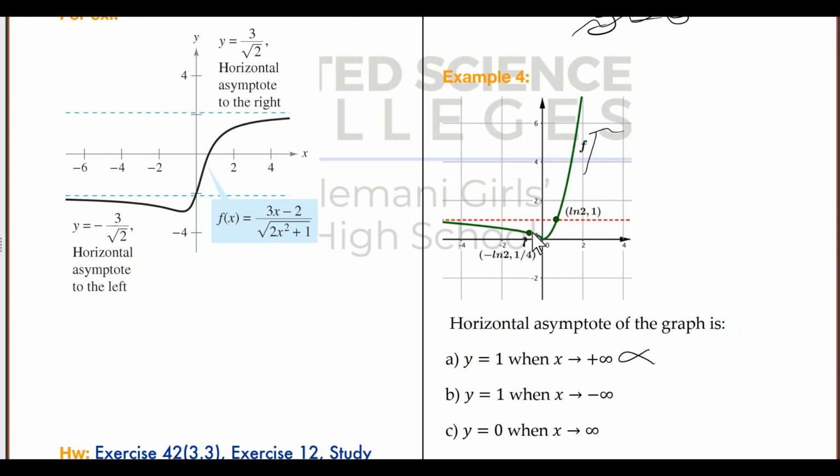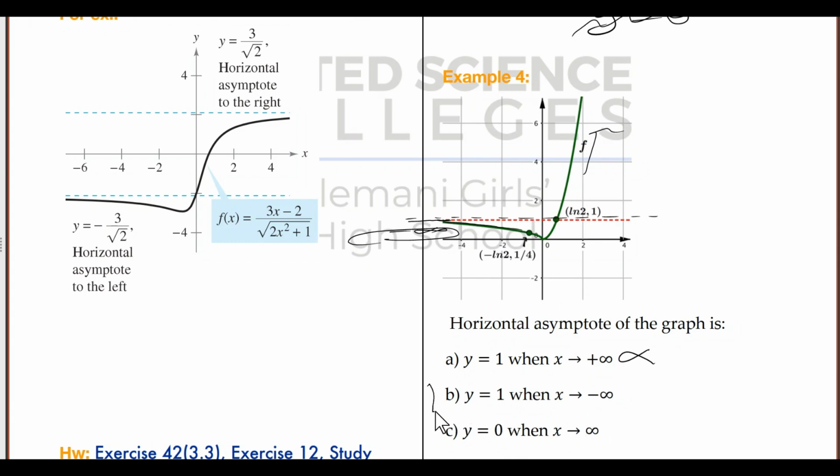The graph on the left is approaching this horizontal line when x is approaching negative infinity. So be careful. This part is not heading towards positive or negative infinity, but that part is approaching negative infinity. Then the function is heading towards y equals 1.